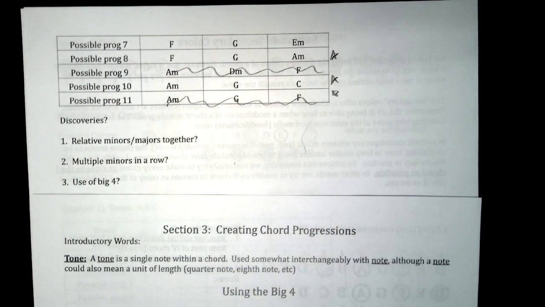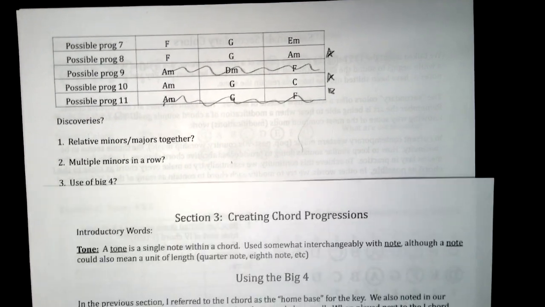We have an E minor, which is not super normal. I guess I shouldn't have done the 7. That one's fun. It sounds a little wild, a little off, a little different.